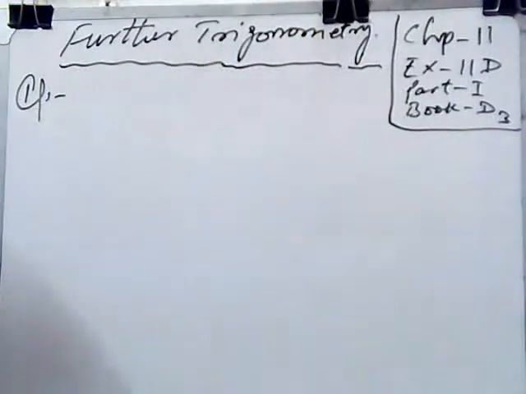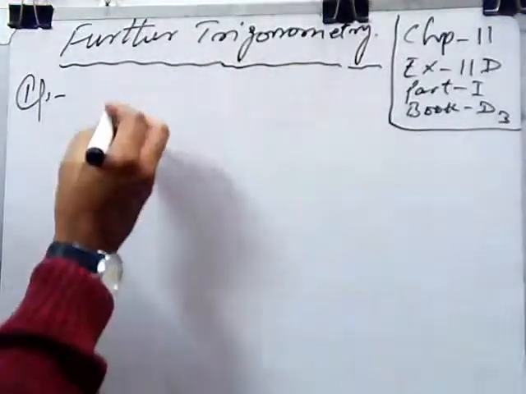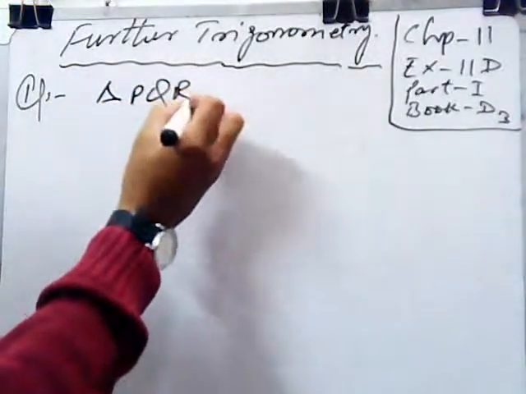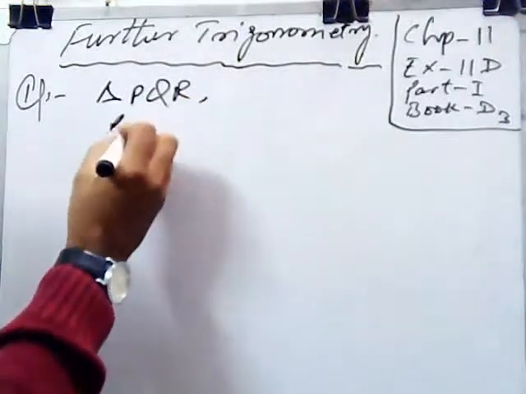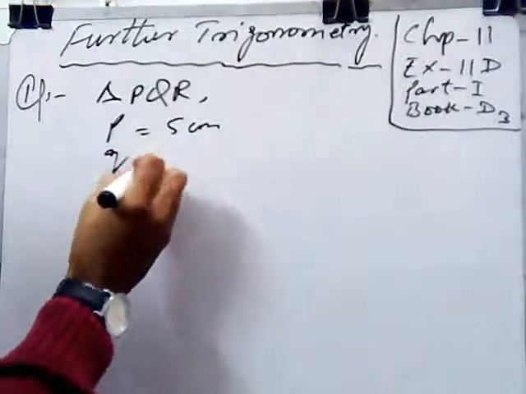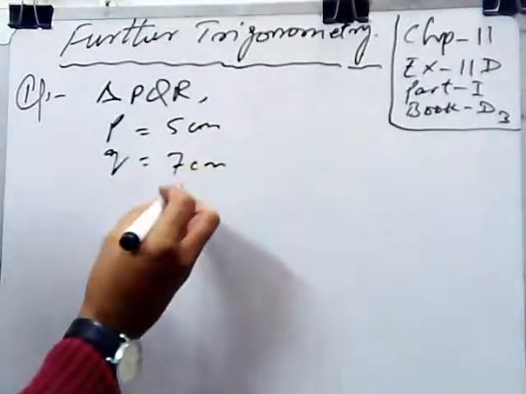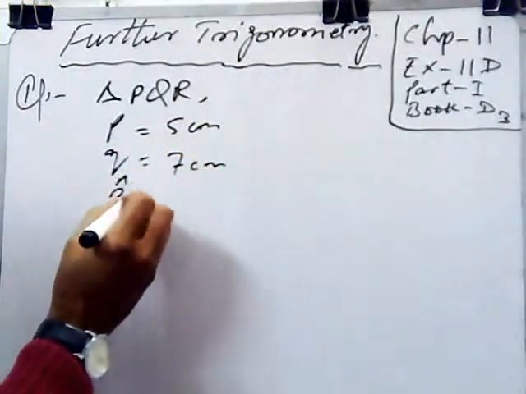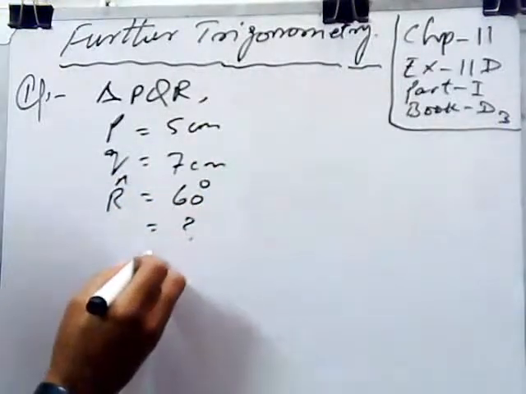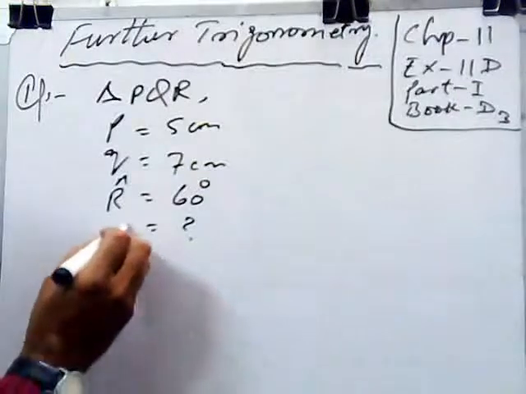Question number 1. In triangle PQR, P is 5 centimeters, Q is 7 centimeters and angle R is 60 degrees. We have to calculate the value of r.